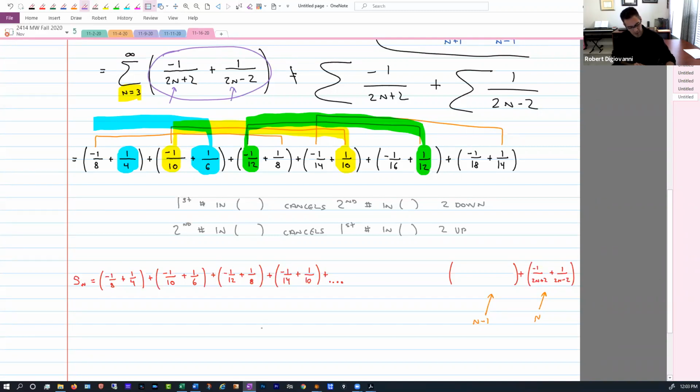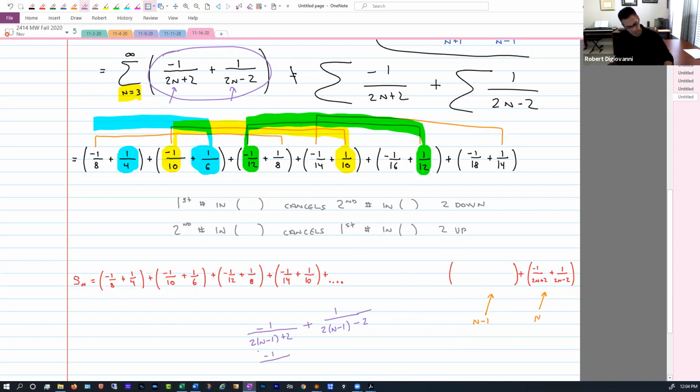I'm going to do that down here, just like scratch work right below it. Does everyone understand what I'm doing? I'm taking this original formula and replacing the n's with n minus 1. Let me just see what that becomes.